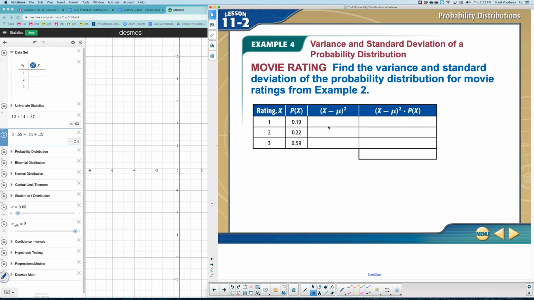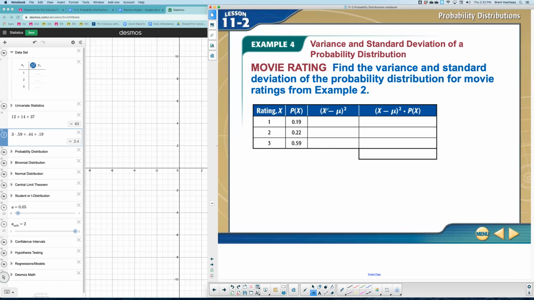So on this particular problem, here's our same distribution that we had from example 2 and 3. The first thing we're going to do is find this front end of the value. So this is the random variable minus the mean, which if you remember, our mean was 2.4.